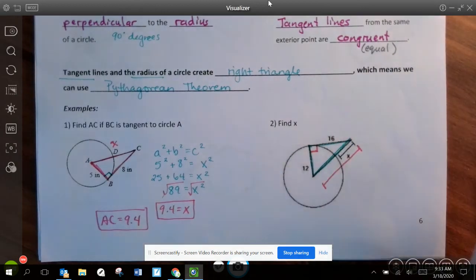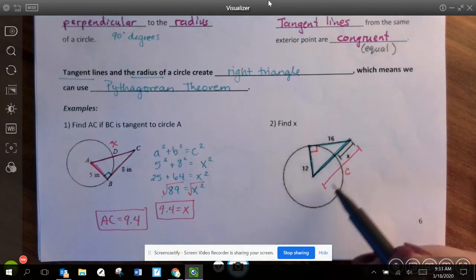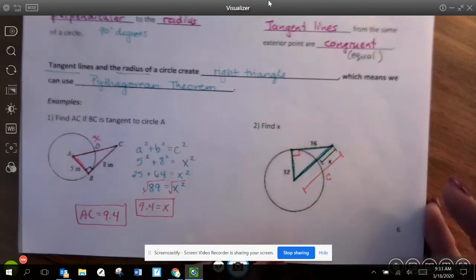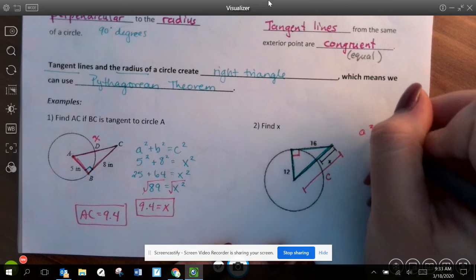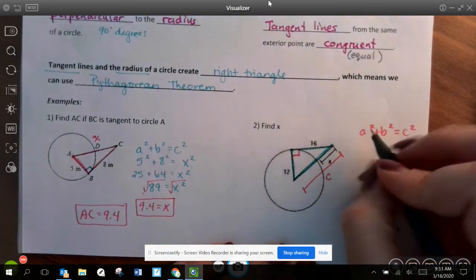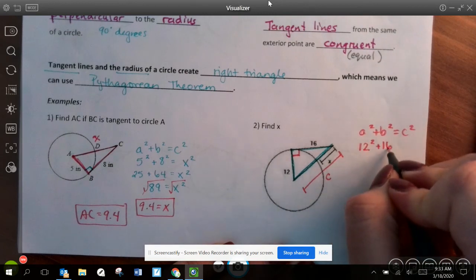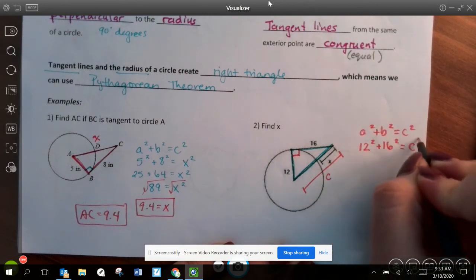But what I'm going to do is let's just go ahead and figure out what this whole side is right here, okay? So what we're going to do is a squared plus b squared equals c squared. So my a squared is 12, 16, and I don't know.